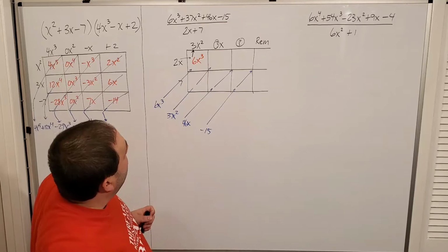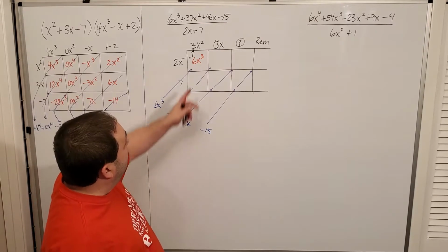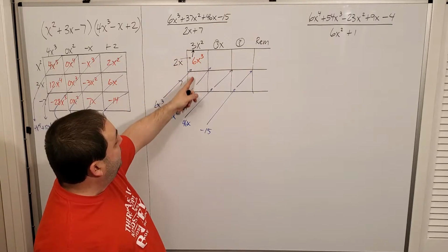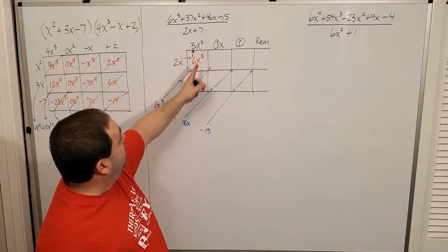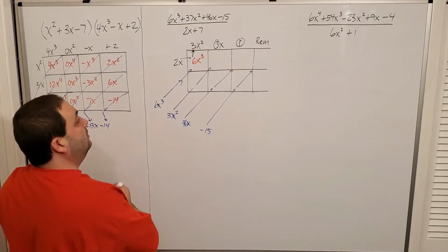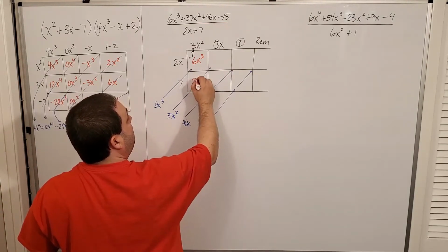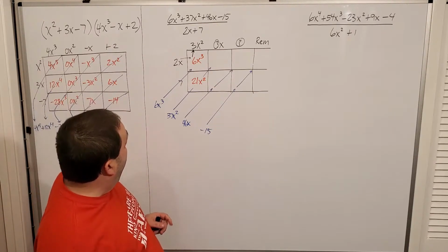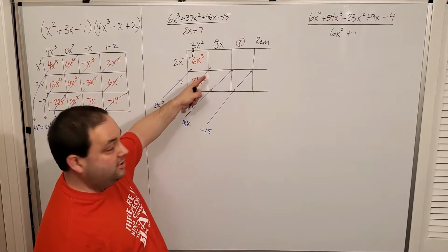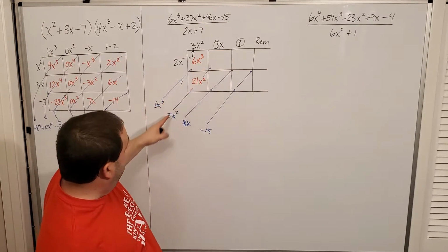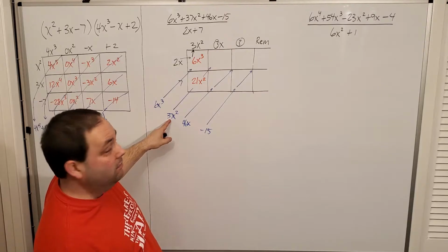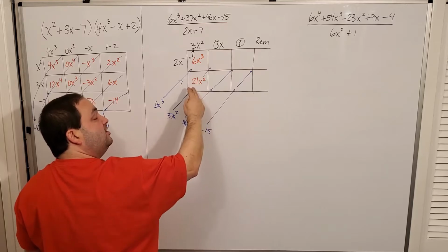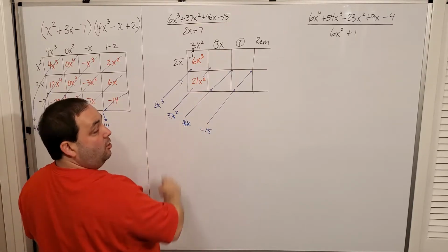All right. Now, to continue, I need to finish filling out the chart. Well, I can do that with multiplication. What's 3x squared times 7? That is 21x squared, right? Okay. But this diagonal is supposed to add up to 37x squared. So, what over here could I put plus 21 to get me 37?